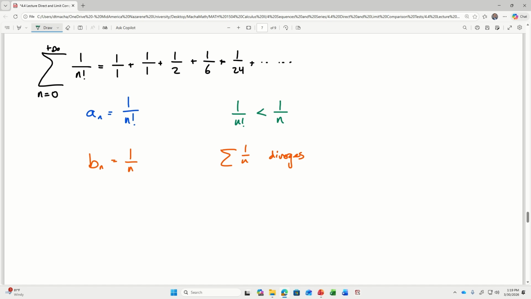So if my original series is less than this comparison series, and the comparison series diverges, it's not going to work to use a direct comparison test. And you could try a limit comparison test, but the limit is going to be 0 in that case, and so the limit comparison test wouldn't work either.